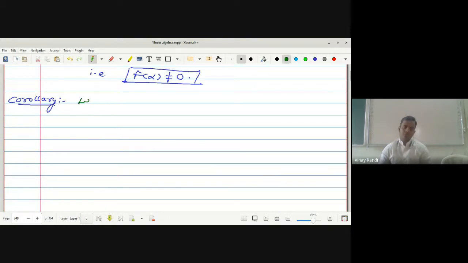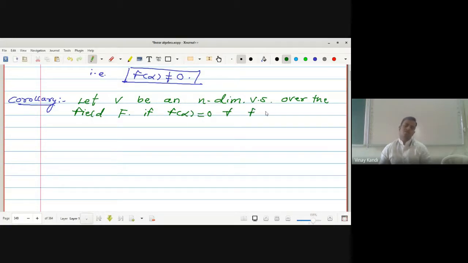Let capital V be an n-dimensional vector space over the field capital F. If f of alpha is equal to 0 for all f belongs to V star, what is V star?